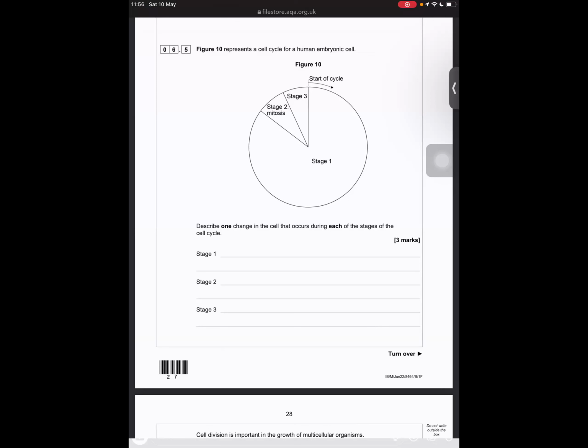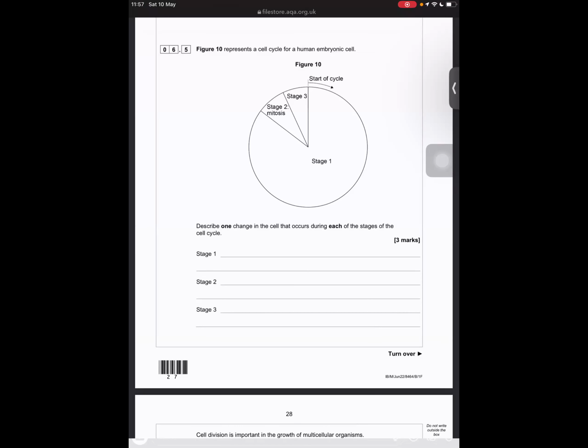What does the marking scheme say about stage one, stage two, and stage three? Stage one, increase in numbers of subcellular structures. Chromosomes double, duplicate, and replicate. Stage two, one set of chromosomes pulled to each end of the cell.